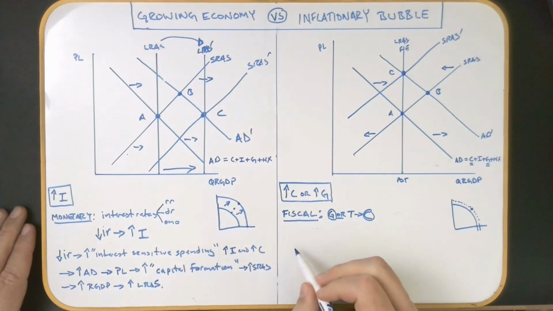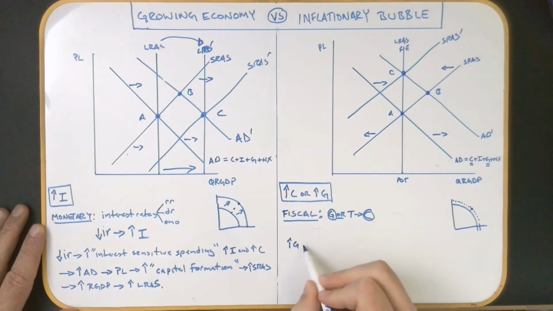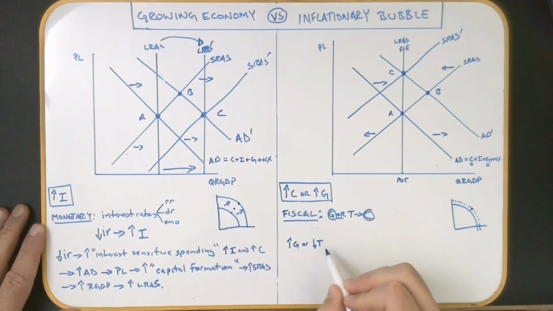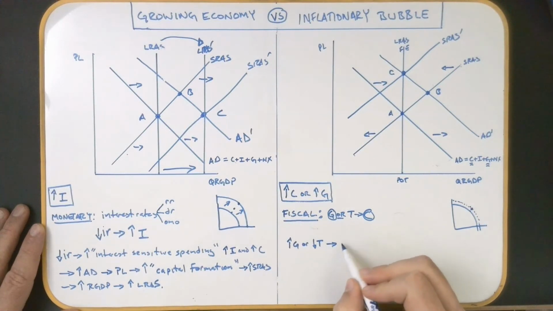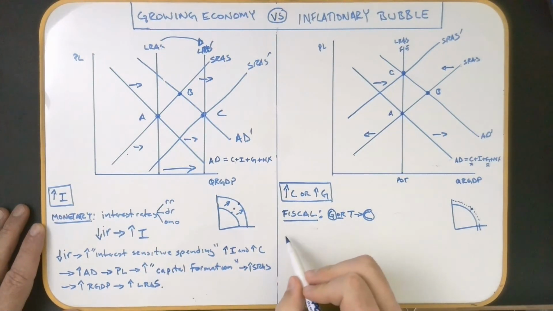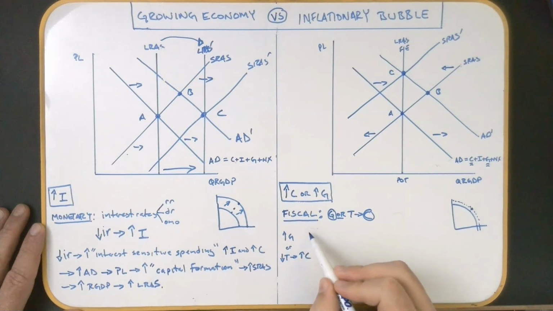So I'm going to write this one over here. When we have an increase in government spending or a decrease in taxes, that leads to an increase in consumption. Okay, so either one of those two. Actually, I'm going to put those vertically so we don't have confusion here. So we have an increase in government spending, so for fiscal, or a decrease in taxes that leads to an increase in consumption.